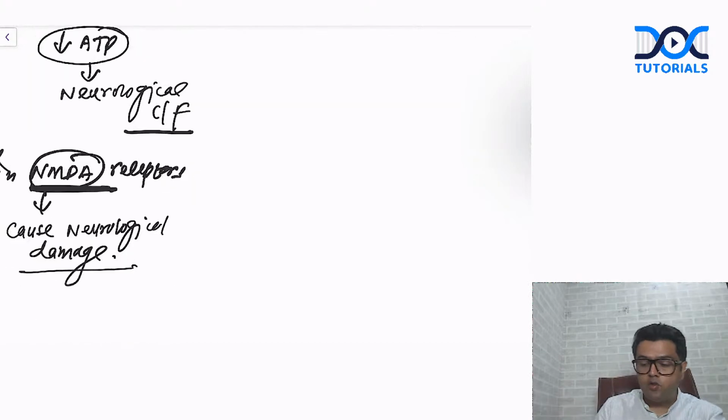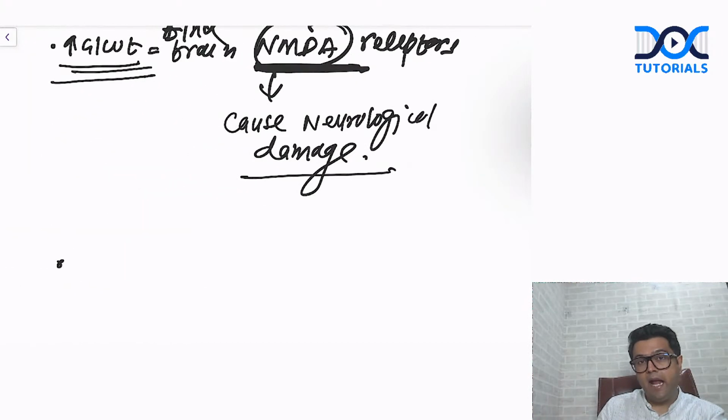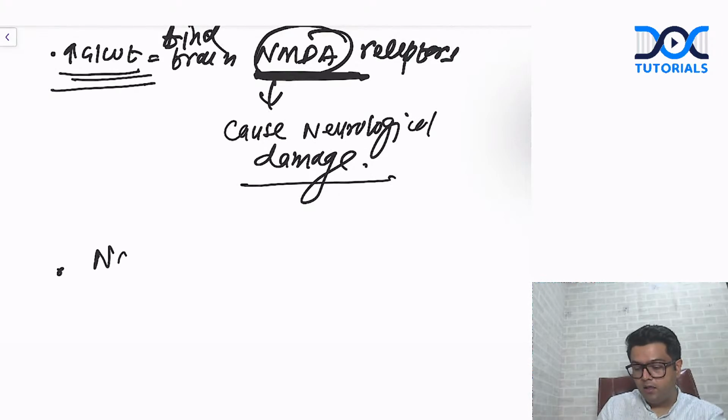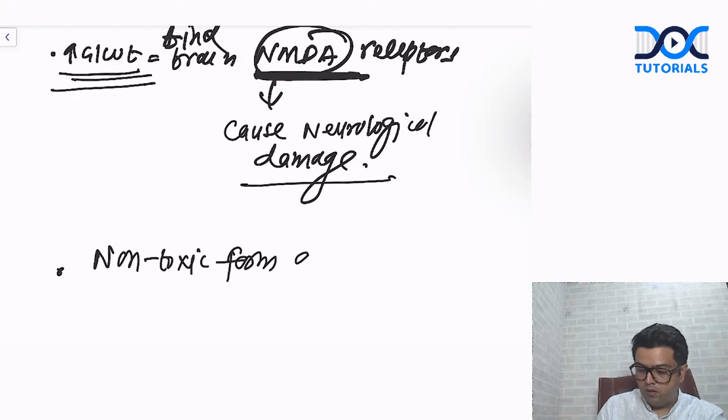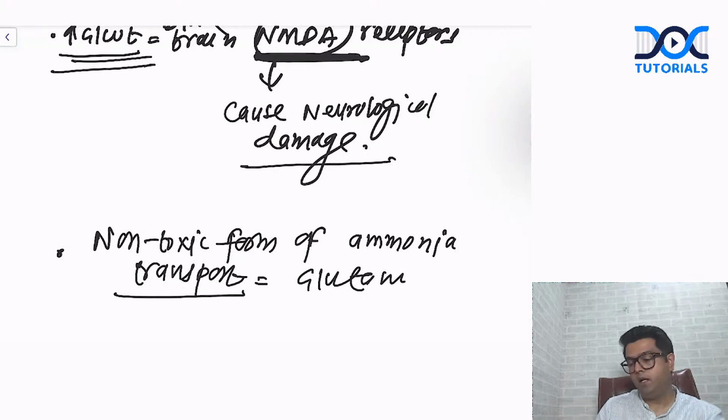So, guys, if I ask you the question, what is the carrier of ammonia, the non-toxic form of ammonia transport, your answer is glutamine.